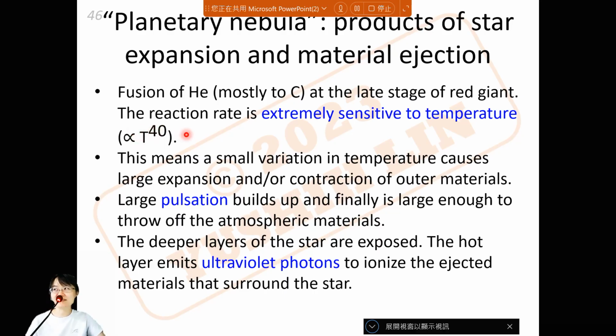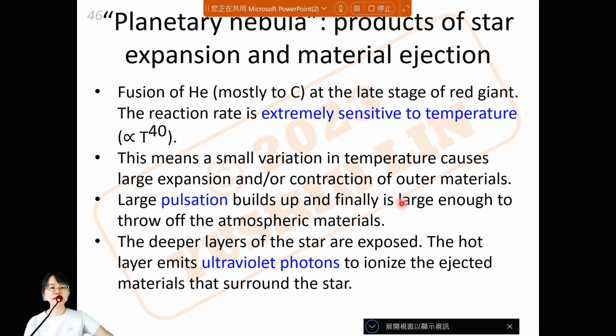So that's very extreme. A small variation in temperature causes large expansion or contraction of the outer material. If the temperature just changes 100 degrees, it will change from here to here. And then if it cools down again, it will come back here. It's pulsating because it's too sensitive to temperature. This results in large pulsation.